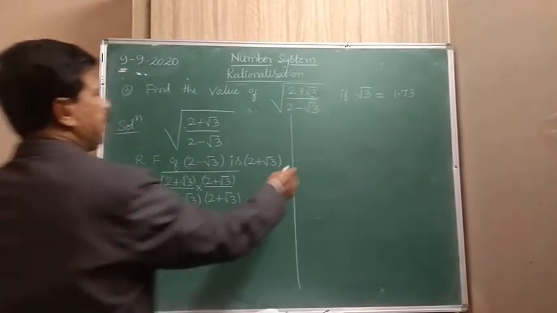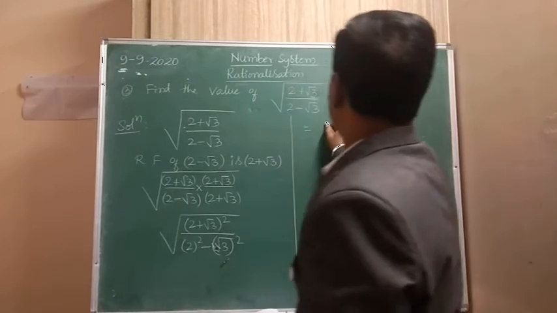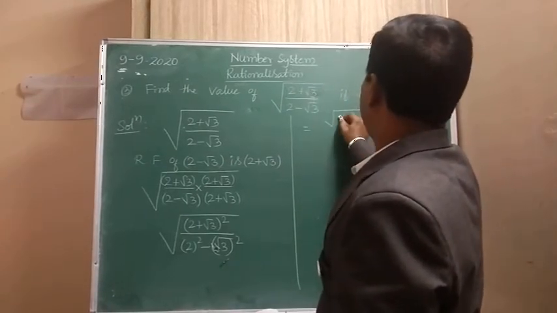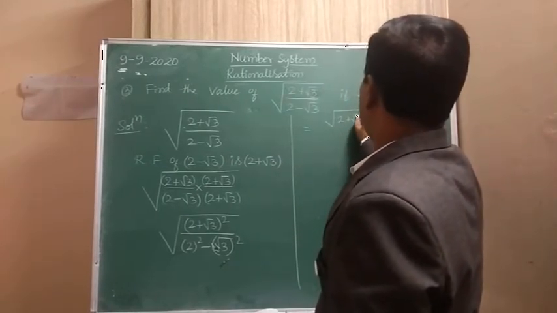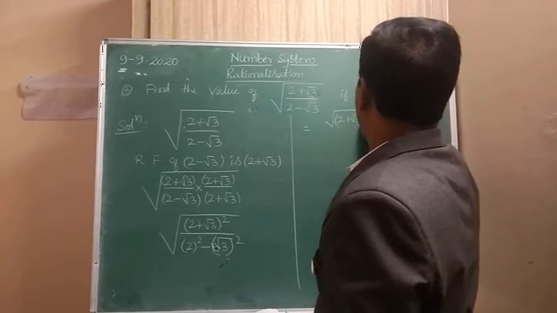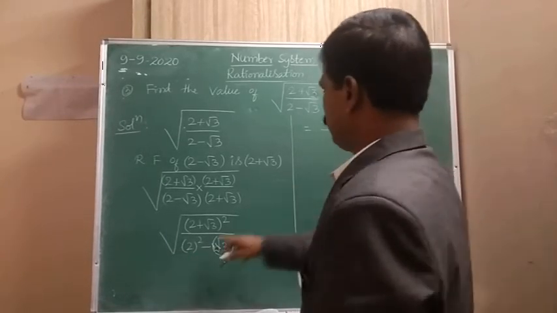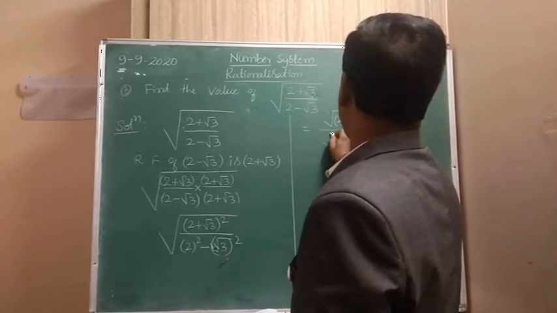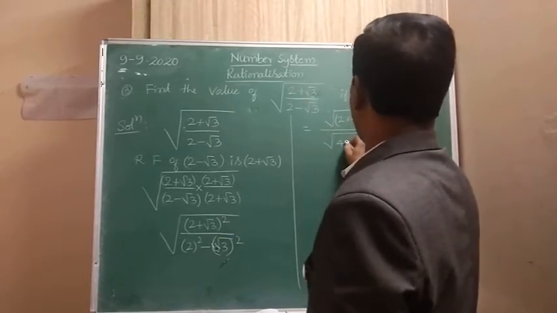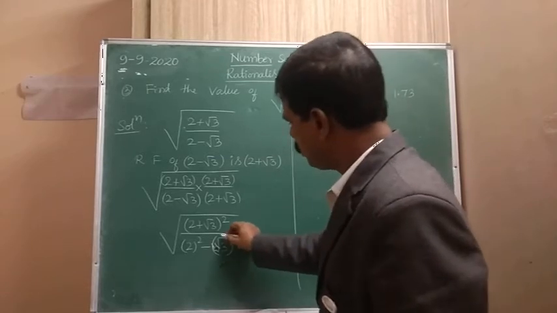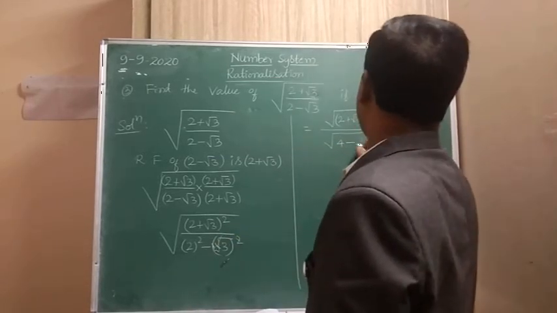Then here, separating the square root: square root of 2 plus root 3 whole square, by unsquaring this. Now in the denominator, 2 square is 4 minus root 3 whole square, the square and root get cancelled, becomes 3.